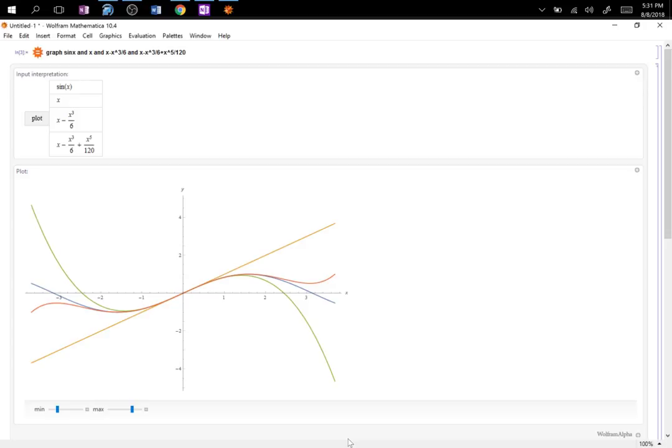So you see that x bails over here somewhere, and then your x cubed, which is green, bails over there somewhere, and then the red one still goes on, right? So we are almost at being able to compute any value all the way up to pi.